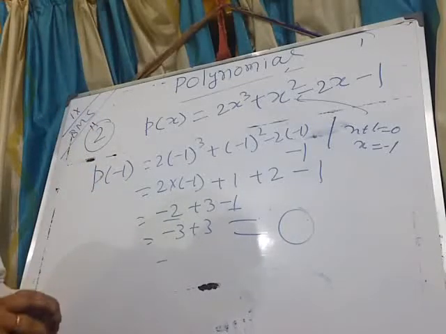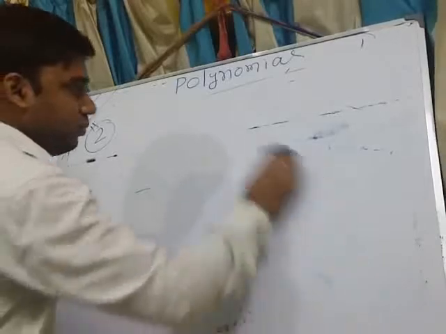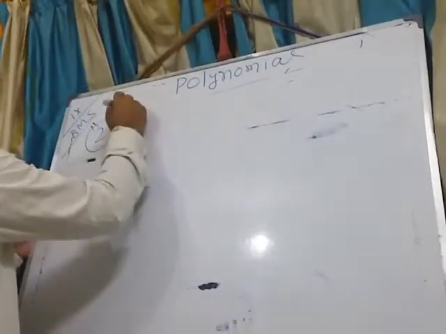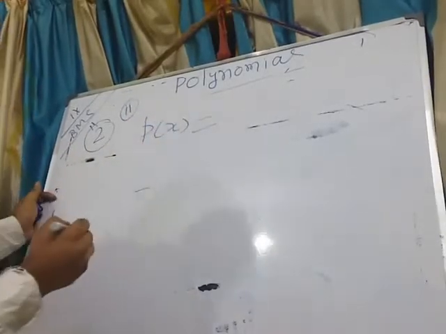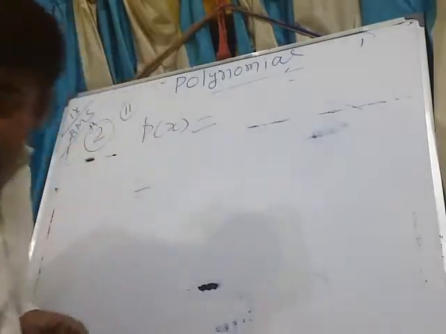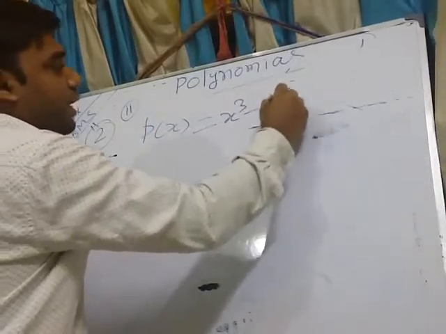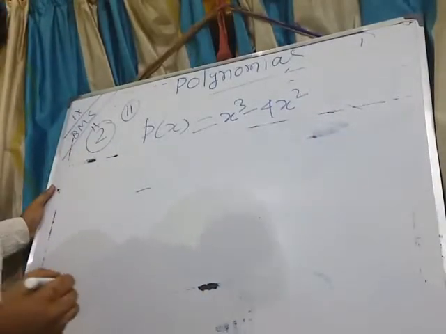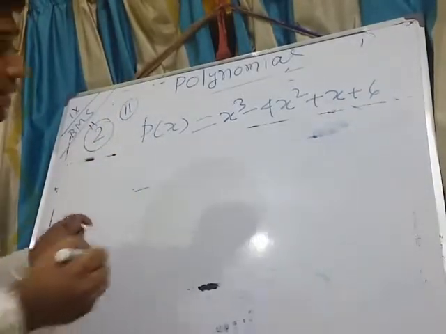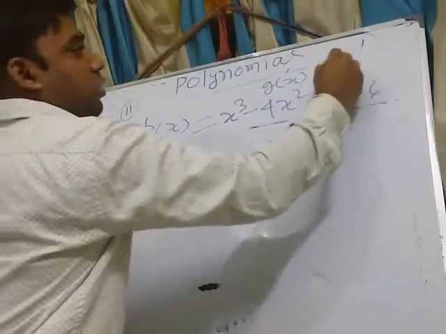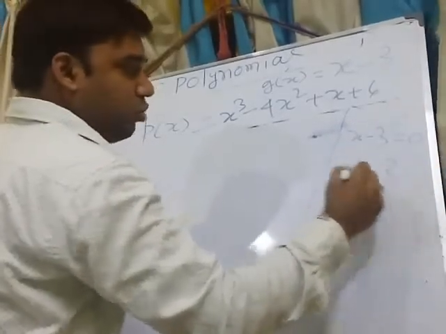Next, question number 2. p(x) equals x cube minus 4x square plus x plus 6, and g(x) is given as x minus 3. g(x) is x minus 3 means x minus 3 equals 0, x equals 3.